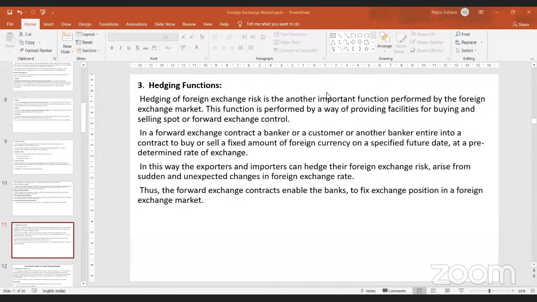Now, see what happens, the scenario here is you're not buying it today, but you're going to buy it at a future date, but the rate of exchange can be determined based on the rate of exchange prevailing today. That means the rate of exchange is predetermined. So I am entering into a contract to buy foreign currency at a future date, but the rate is predetermined. The rate can be determined today only, where I am entering into the contract. But I will buy currency maybe 15 December.